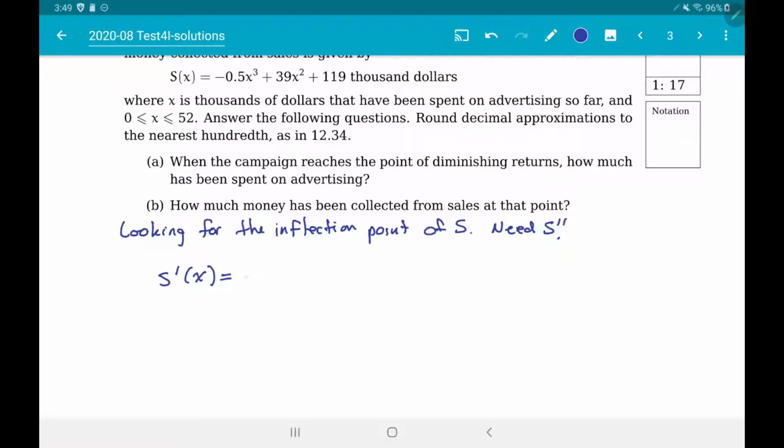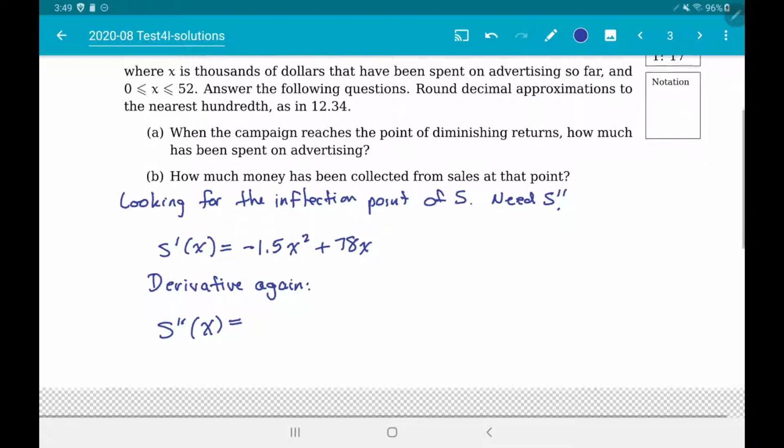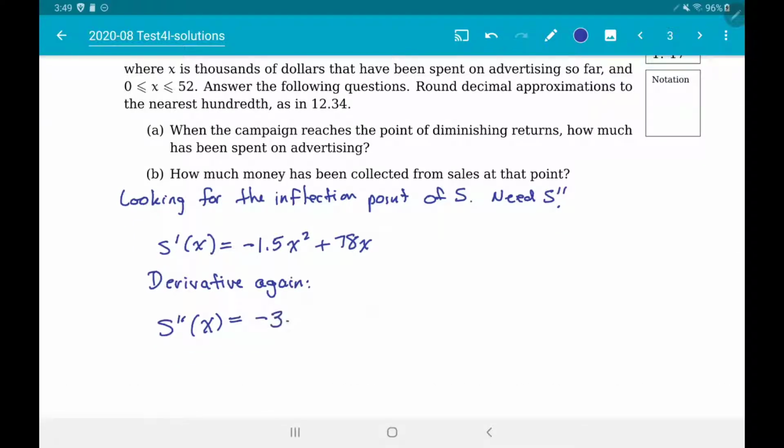Okay, here we go. That should be negative 1.5x squared plus 78x. Well, we need the derivative again. Take a moment to compute S double prime. Okay, here we go. Negative 3x plus 78.